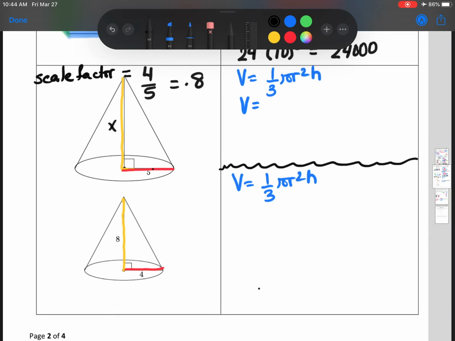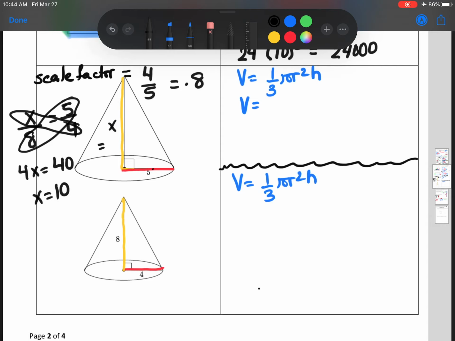If I set up my proportion, x over 8, big over small, 5 over 4. Cross multiply. What do you get? 4x equals 40. X is equal to 10. So you get x equals 10.